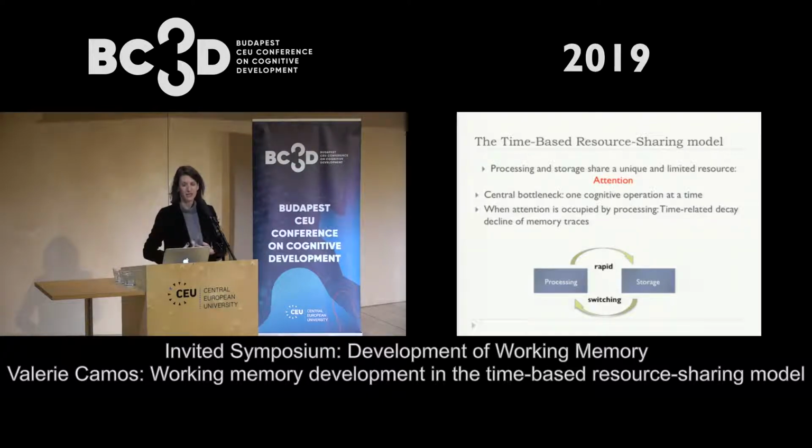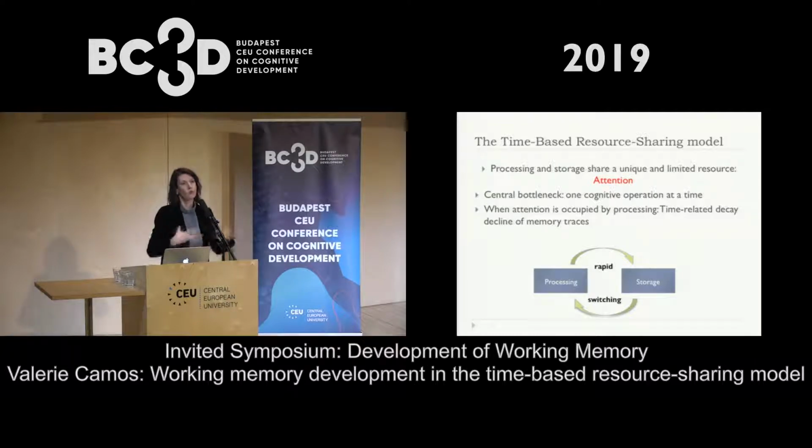So if you want to process some information, your focus of attention is dedicated to this processing, but the memory traces that you try to remember are no longer in this focus of attention, and they fade away a bit out of the light, and they start to fall off.